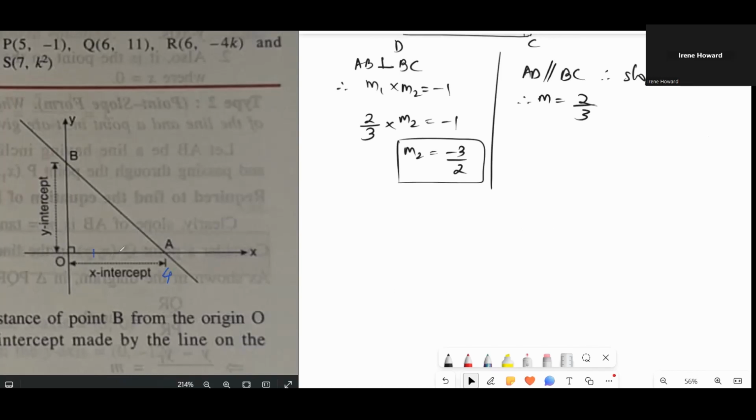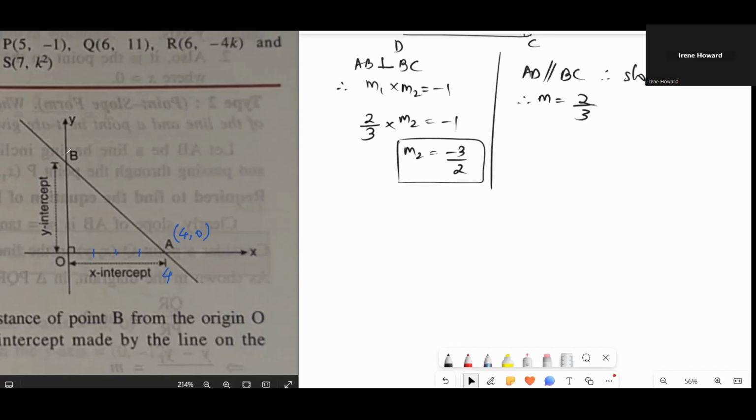That means 1, 2, 3, and 4. So what are the coordinates of this point A? 4, 0. So the coordinates of the point A are 4, 0, and the x-intercept is 4.